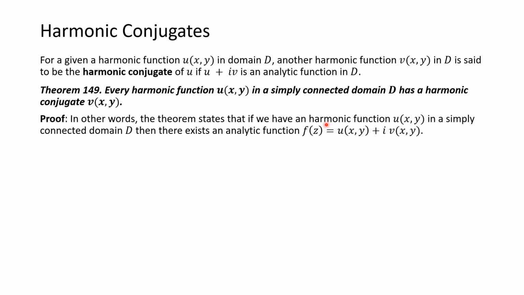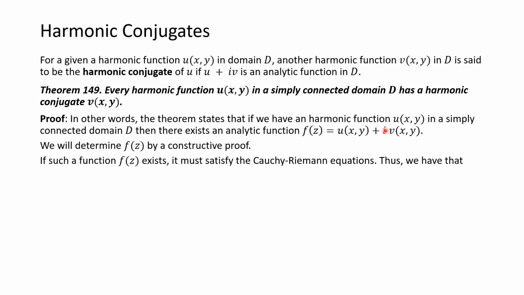So we're going to prove that by construction. Basically, we'll construct f of z, which means we're using u of x, y to construct the v of x, y. If such a function exists, it must satisfy the Cauchy-Riemann equations.